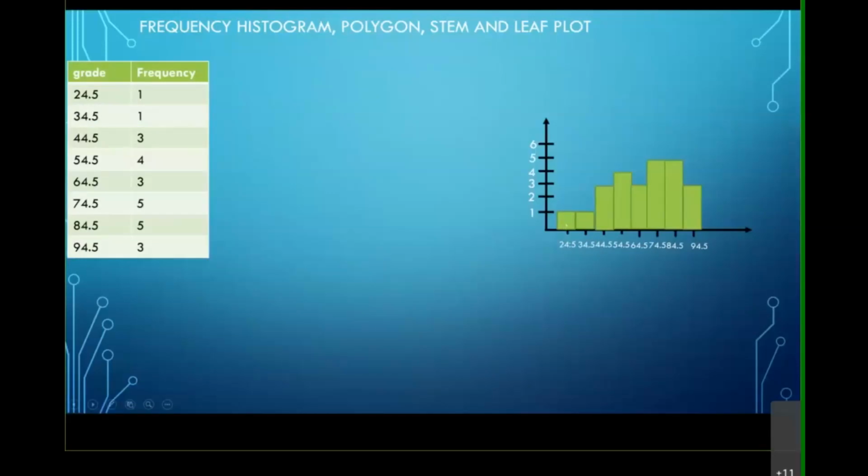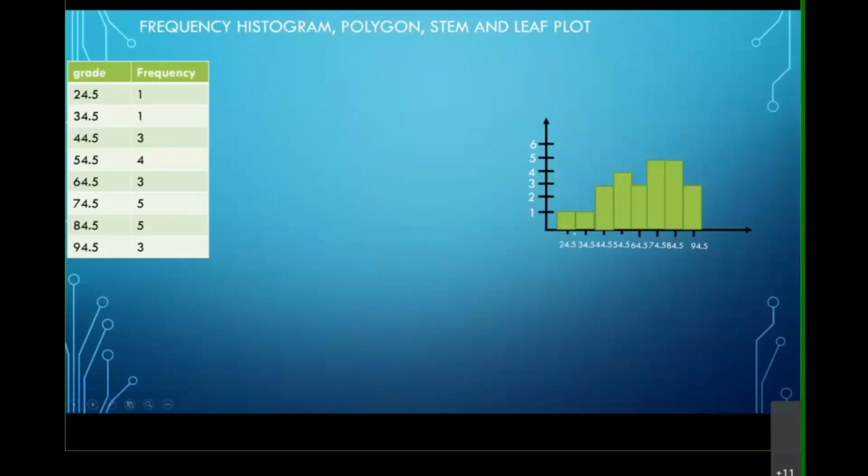They may ask you what is the midpoint, or the middle of the number, between 20 and 29. To find this midpoint, you take 20 plus 29 and divide by 2. Later on you will see midrange or midpoint. You just take the two endpoints, add them up and divide by 2.